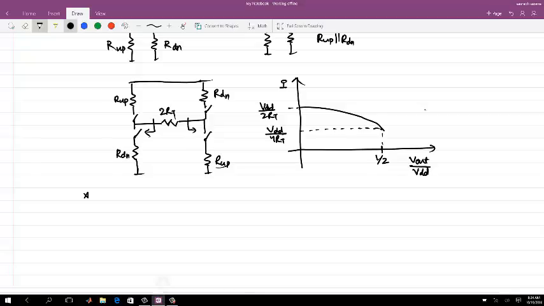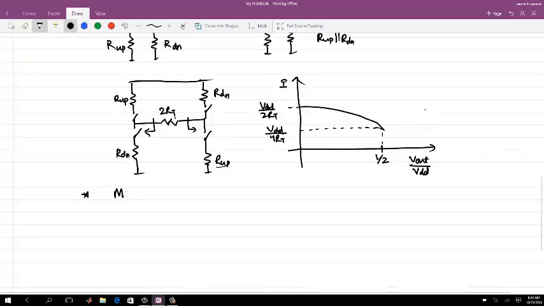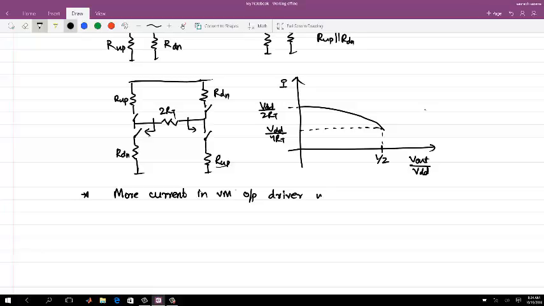One is that actually you have more current in a voltage mode output driver with equalization. So yesterday, after looking at basically high swing and low swing, you said, okay, if I want a low swing, I will always use an N over N. If I want a high swing, I will use a P over N, like a CMOS.